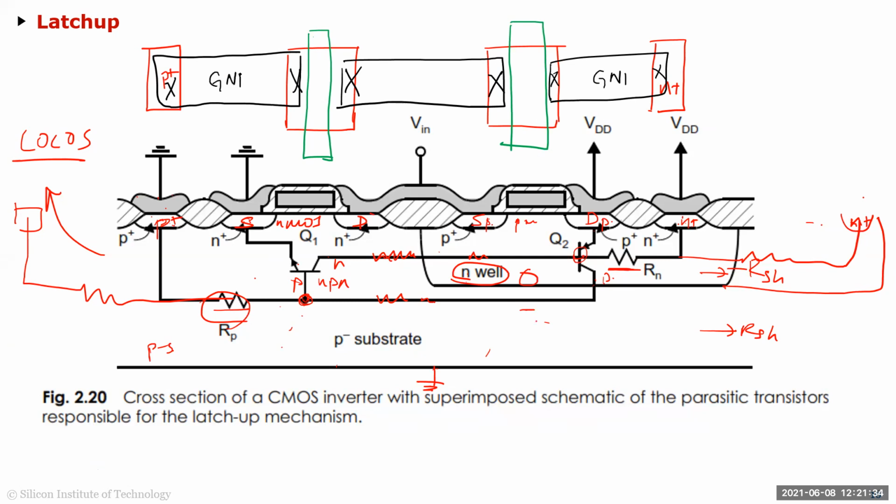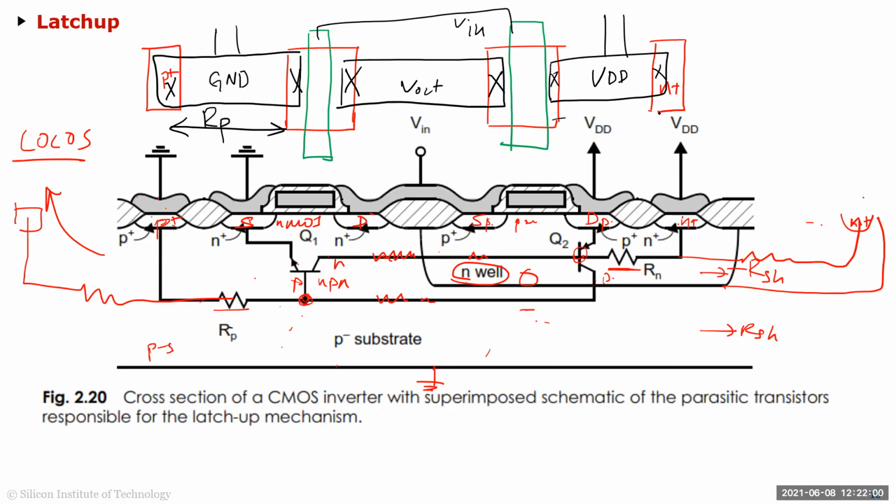This is your ground because this is your NMOS. This is your VDD, right? So this is how you did your layout yesterday. And obviously you connected your poly. This is your input, VIN, this is your output, and so on. And this is where you brought in your supply. This is your ground. Now, this distance is what is creating this RP here.